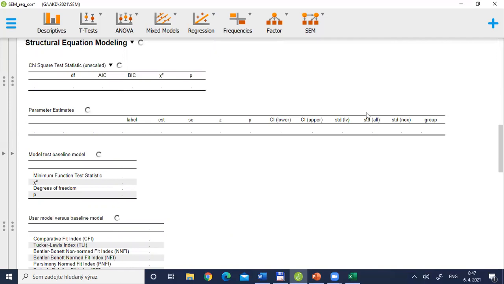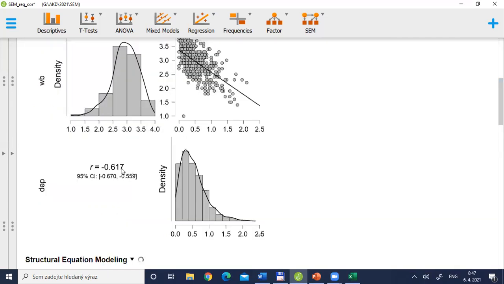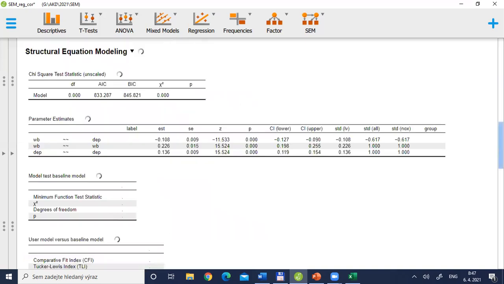So for this column standardized all for parameter estimates, you should see the same value of correlation as we have previously discussed. So it means it would be minus 0.617. So I guess that we have also results on my computer. So here is the correlation.